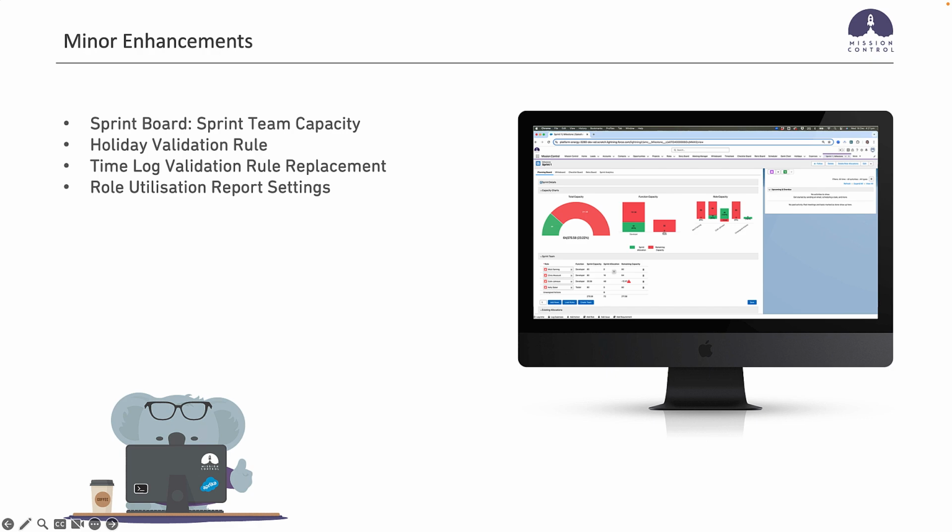So the validation rule has been deprecated, and the functionality is now controlled via two settings on the control pad of the mission control console. So you can enforce this for billable hours and or non-billable hours. There are two separate settings that have been added to the project automation settings tile.